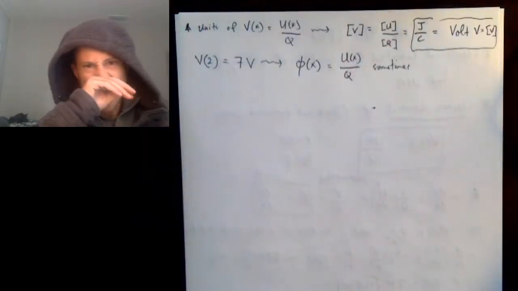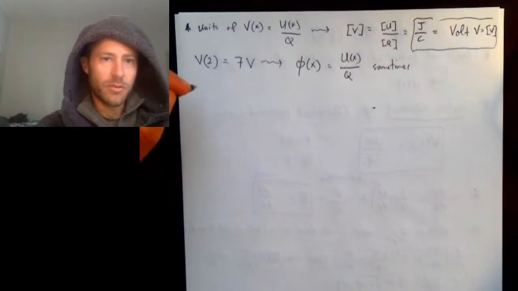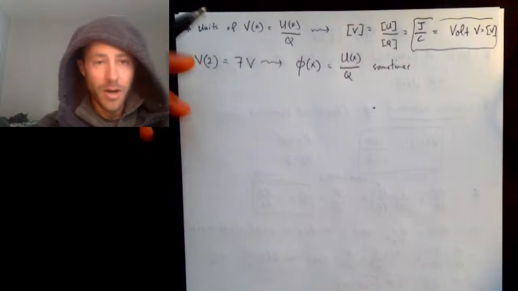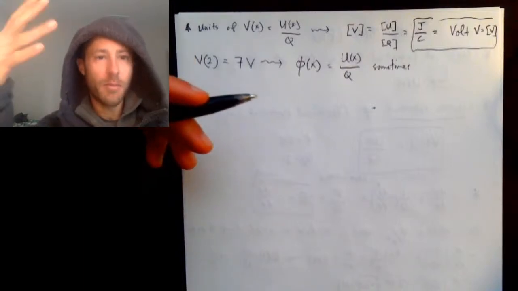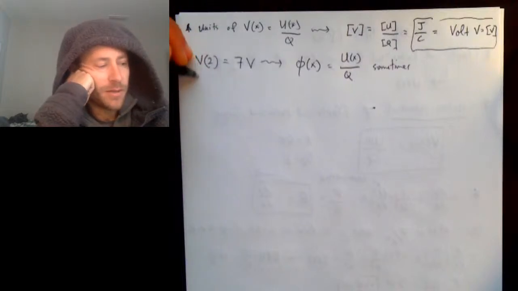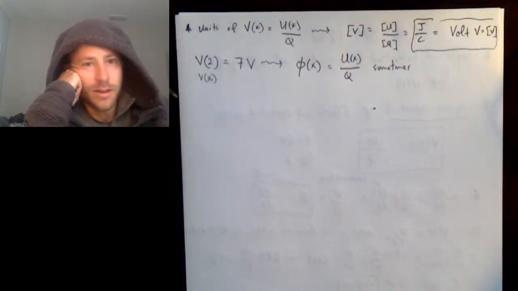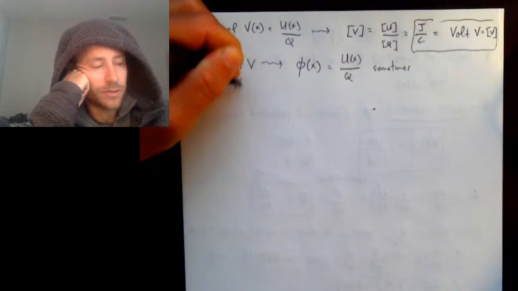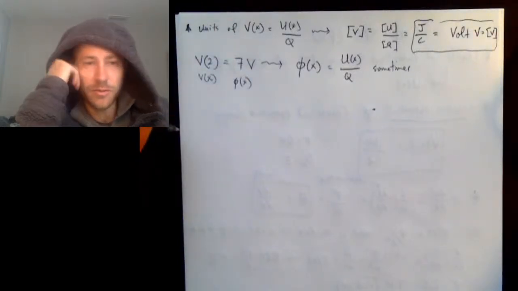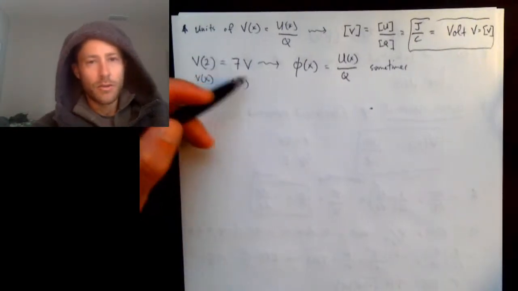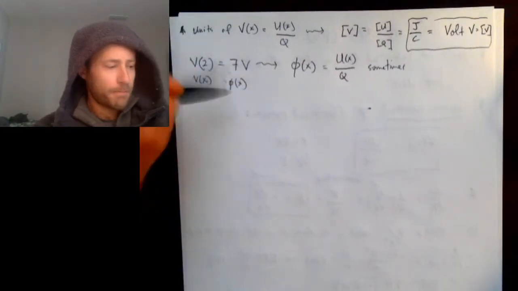So what I've observed is that in America, textbooks that are written by American authors tend to have V of x, and if it's a Russian author of the textbook, they tend to use phi of x. So different countries have different symbols for what they prefer to use.